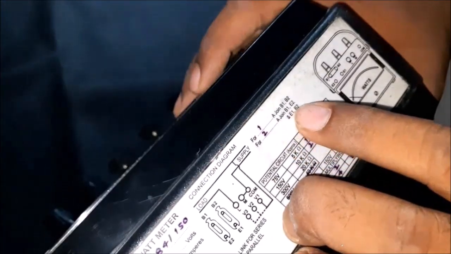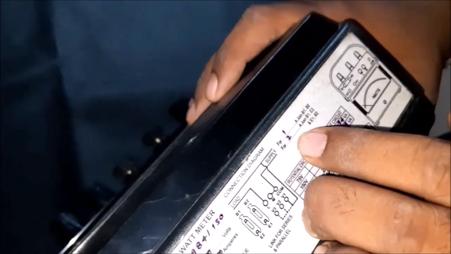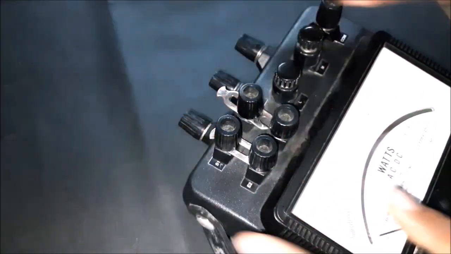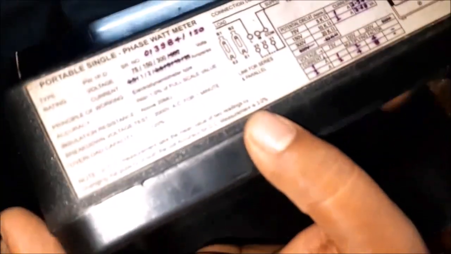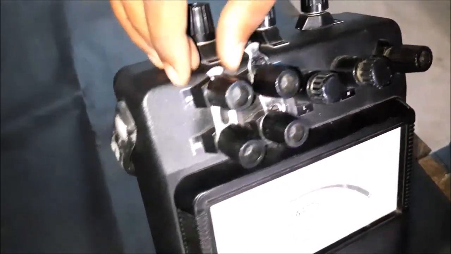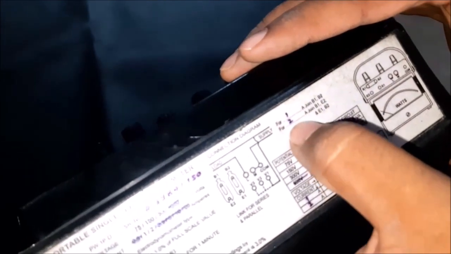And when B1 E2 and E1 B2 are connected, then it takes 2 ampere. That means if you connect like this, the current handling capacity of the wattmeter is up to 2 ampere. For example, you have connected up to 75 volt, and in this connection, B1 E2, E1 B2, we have 2 ampere, and we have connected the voltage up to 75 volt.